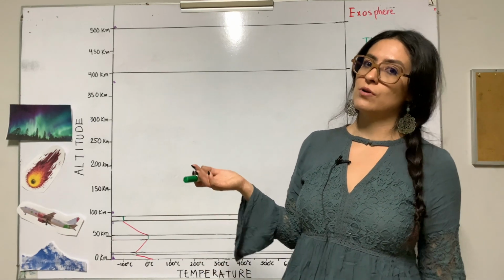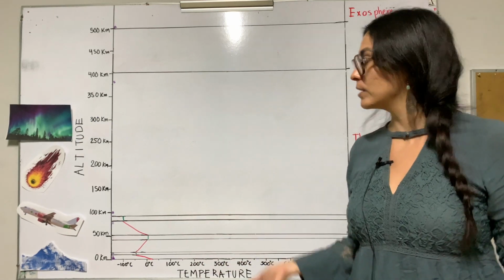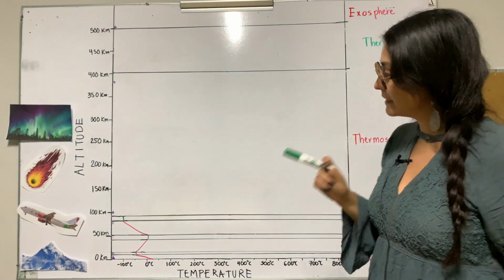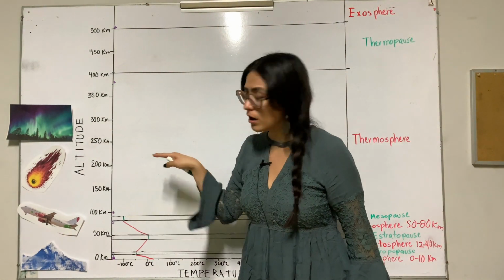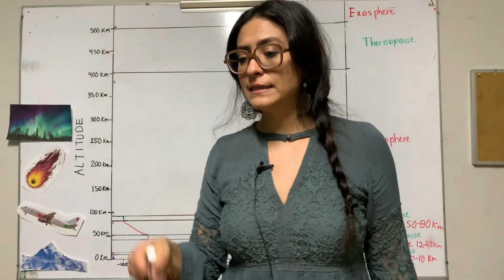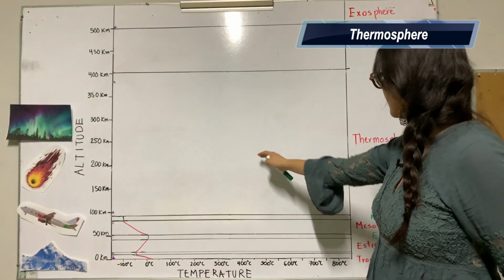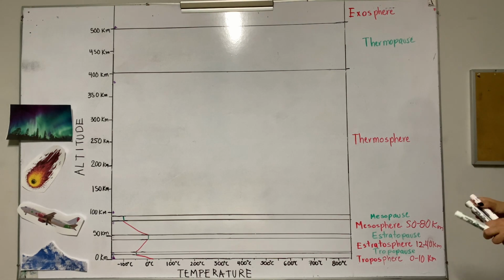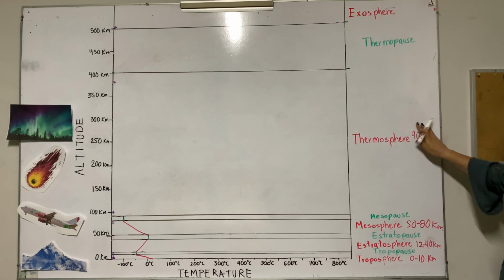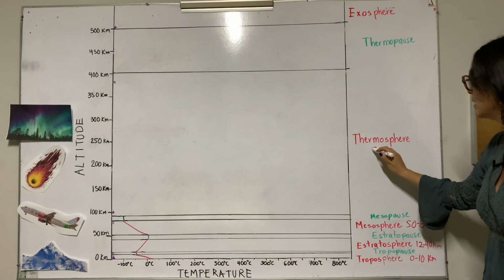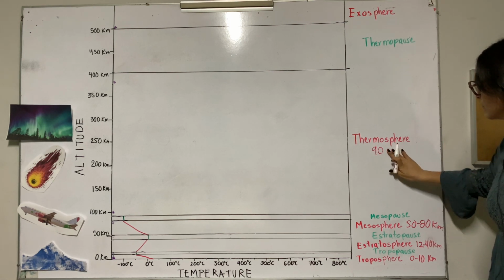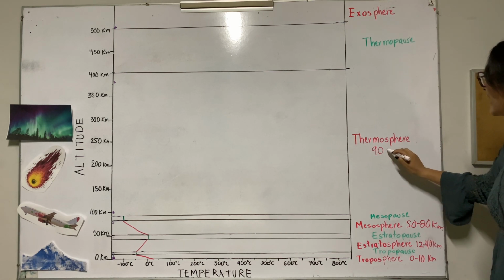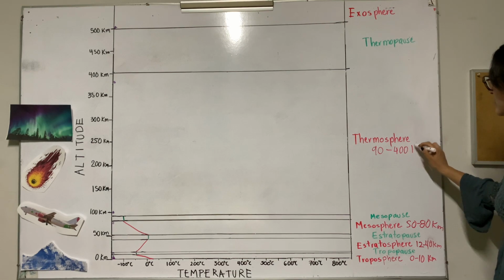So we have both, and that is happening here at 100 kilometers of altitude, because there we get to the thermosphere, which is between 90 and 400 kilometers of altitude.